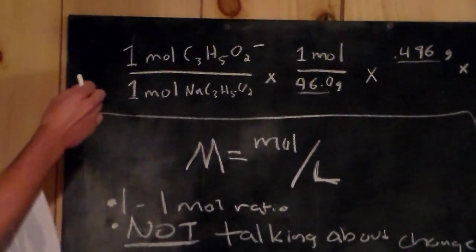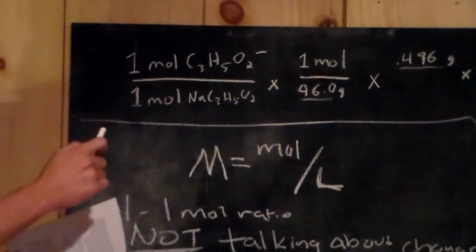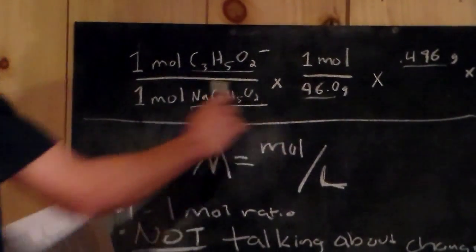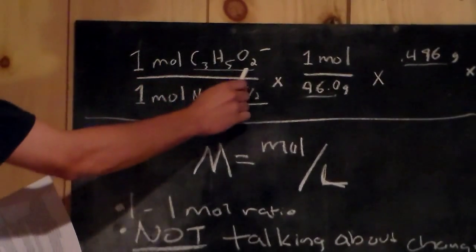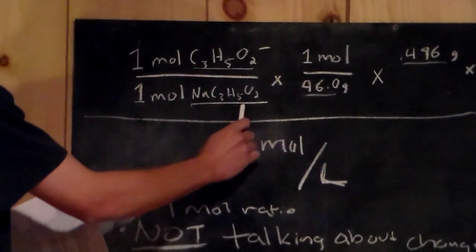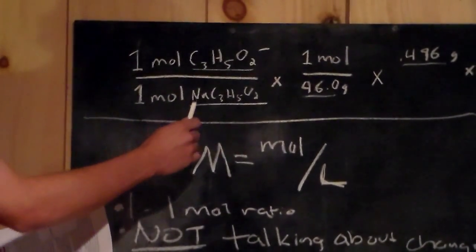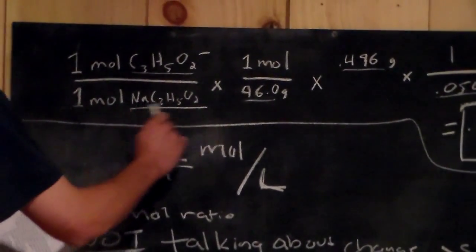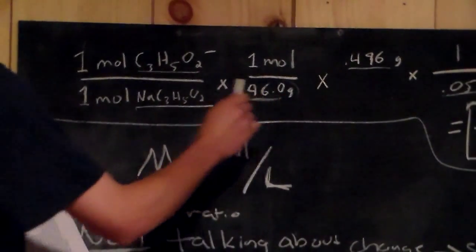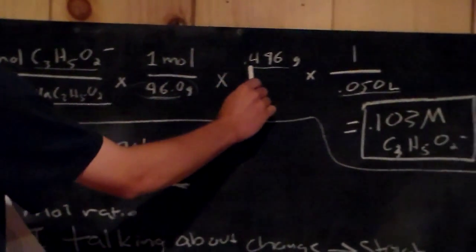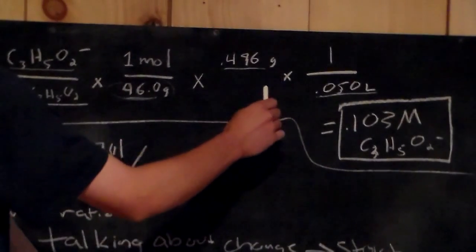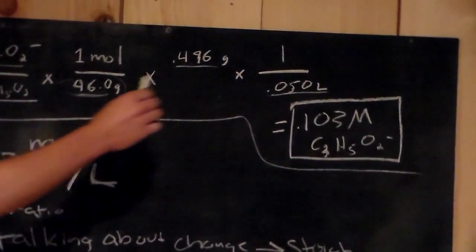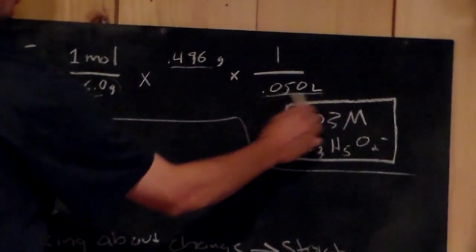So first, you need to recognize that it's a 1-to-1 mole ratio from the propanoate ion to sodium propanoate. So then you can just do 1 mole of the propanoate ion over 1 mole sodium propanoate. Then multiplied by the molar mass of sodium propanoate, which is 96, and then multiply that by the given grams, and then that gives you moles of the propanoate ion, and divide by liters here.